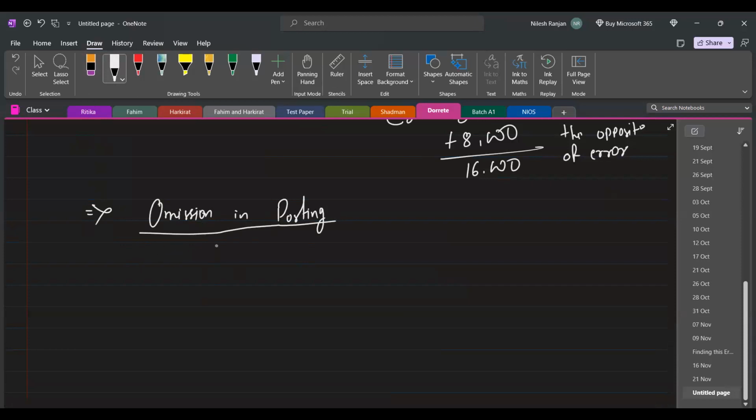Omission in posting. We have not written the entry in any one side of the account.